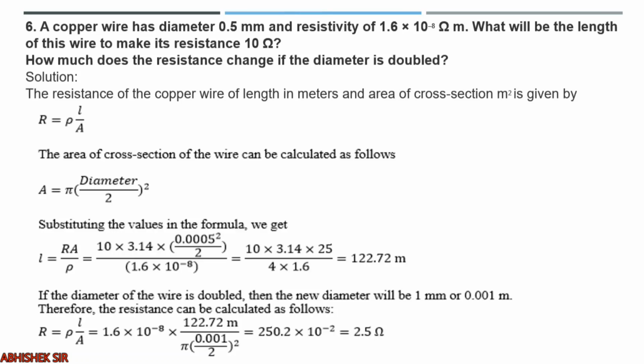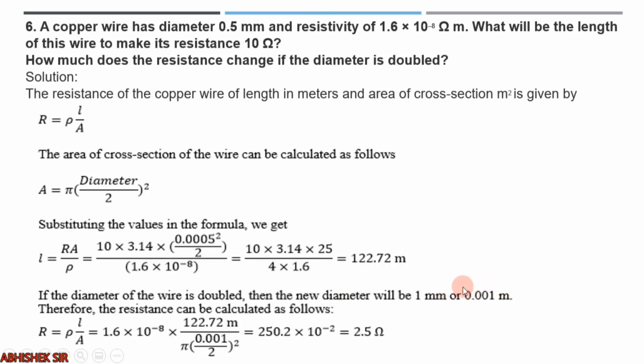Now the second question is how much does the resistance change if the diameter is doubled? Okay, so now if we double the diameter it will be 0.5 mm into 2, that means 1 millimeter, and 1 millimeter is 0.001 meter. So now let us find the resistance, that is rho L by A. Rho value is already given, L we have already calculated as 122.72, upon area, which is pi r square.